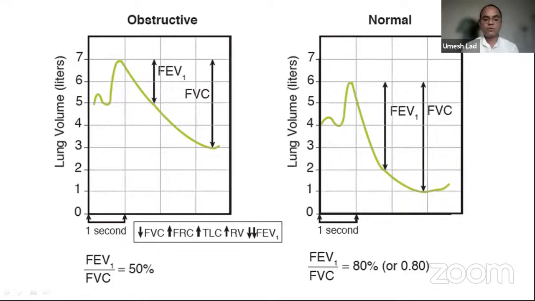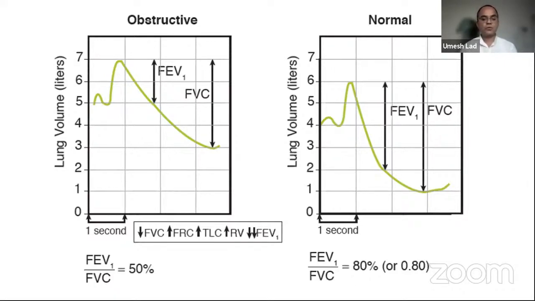Mainly what you have to see is the ratio between FEV1 and FVC. It is approximately 50%, which is way less than the normal acceptable range. So what happens in obstructive lung disease? Mainly the FEV1 decreases and the FEV1 by FVC ratio decreases. If you see this graph, you can say this is an obstructive lung disorder.